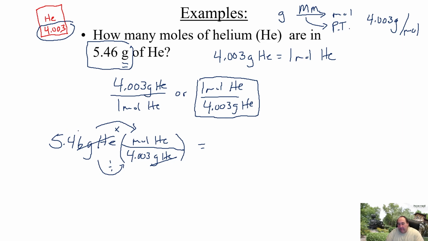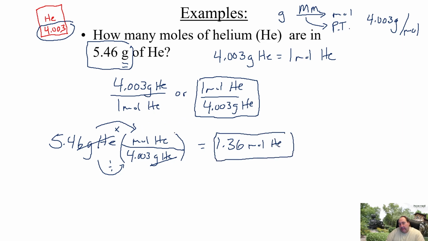So we're going to take 5.46. You don't really need to multiply it by 1. We're going to divide it by 4. You don't put 7 in your calculator. I'm going to try that again here. I guess 7 is like a 4 if you close your eyes. 5.46 divided by 4.003. That's going to give us on our calculator here like a 1.36 moles of helium.